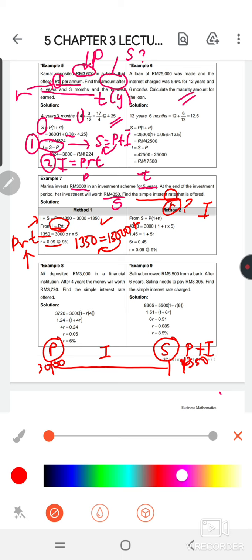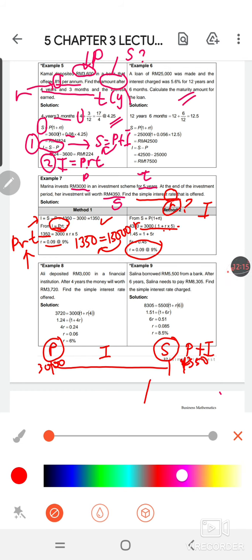Your P is 3000. 1 plus your R multiply by 5. So sama juga. Nanti awak cuba selesaikan algebraic, macam mana nak pindah-pindah nilai. So awak akan dapat nilai R. You still dapat nilai R yang sama. Okay, so this one for to find the value of R.